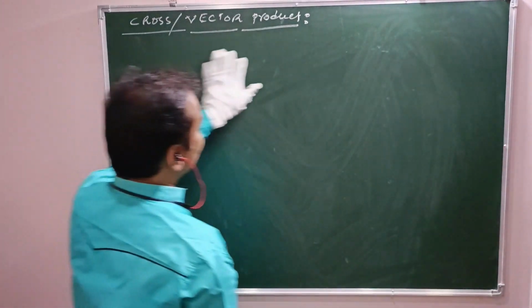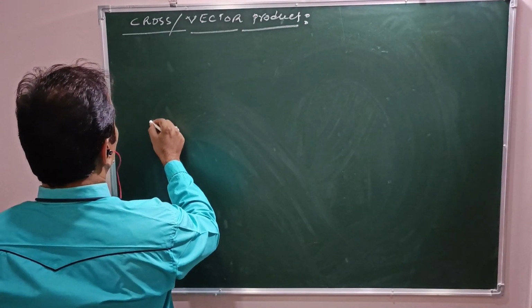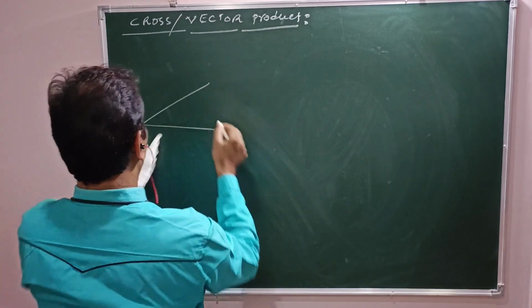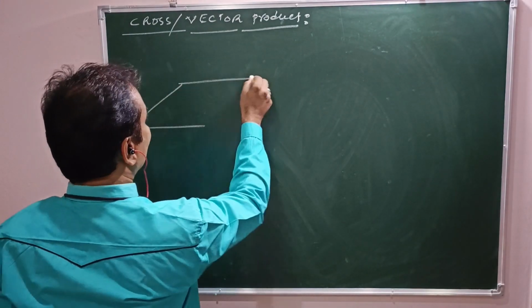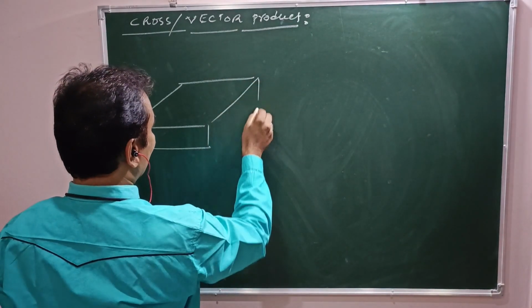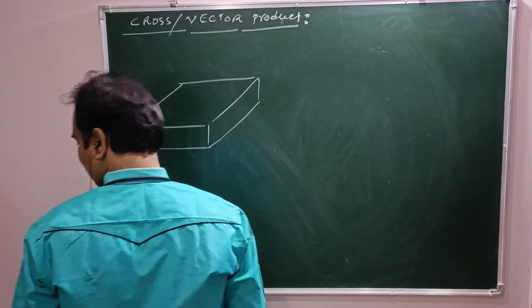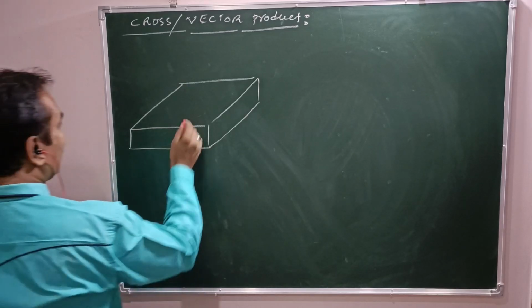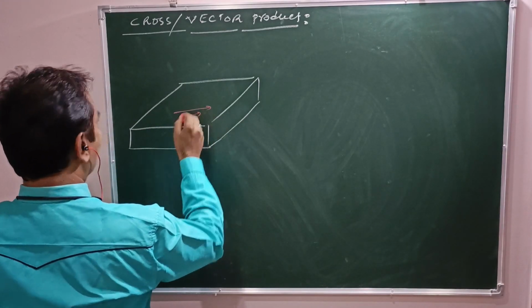Let us see. Suppose this is a plane. This is a plane containing two vectors. This is A bar.